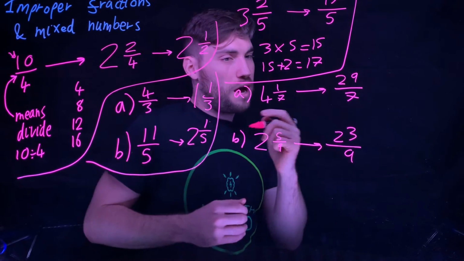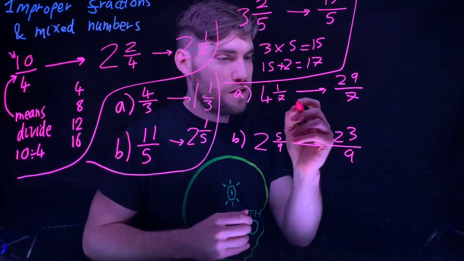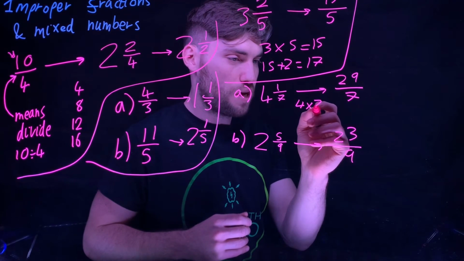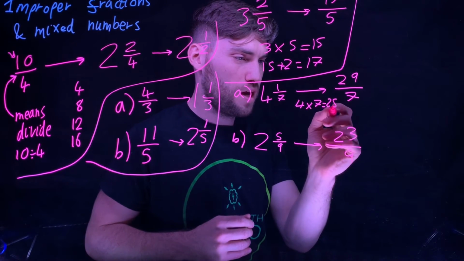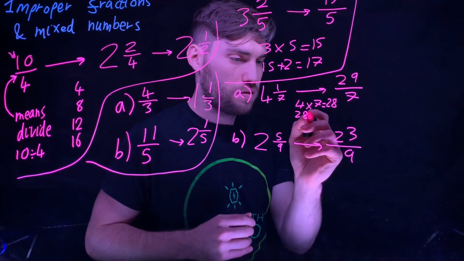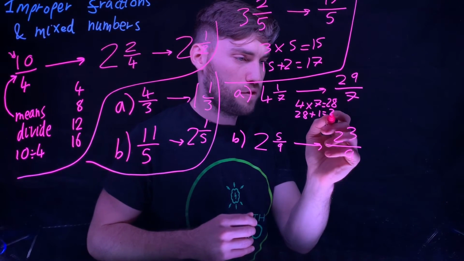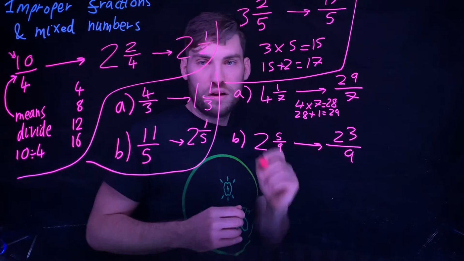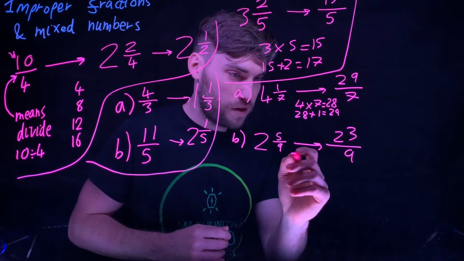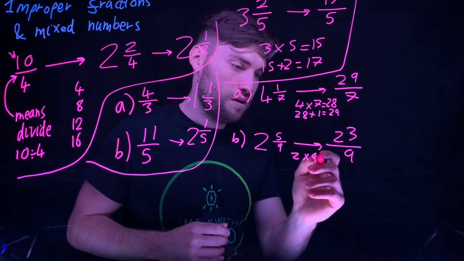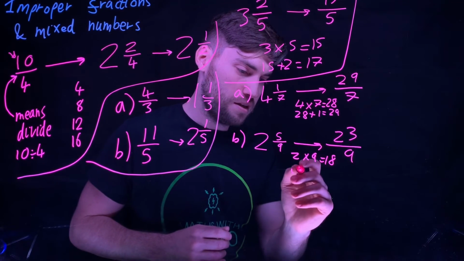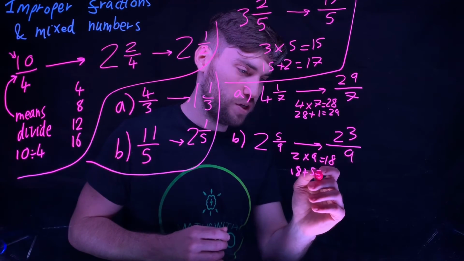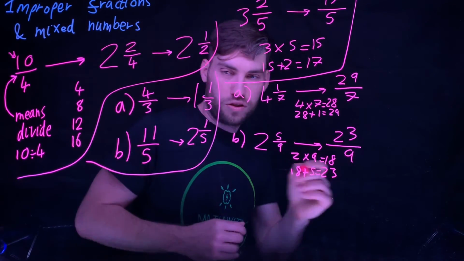Right, so how did I get those answers? Well, to get this, I said 4 times 7, which equals 28. Then I did 28 plus 1 to get me 29. Then just put it over the denominator. Now this one, I did 2 times 9 to get me 18. And then I did 18 plus 5, which equals 23, and put it over 9.